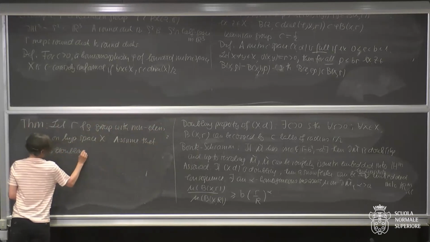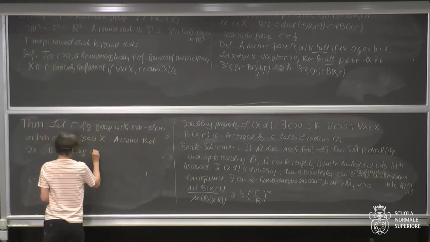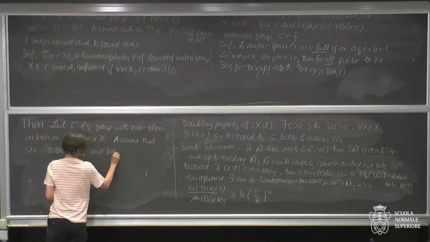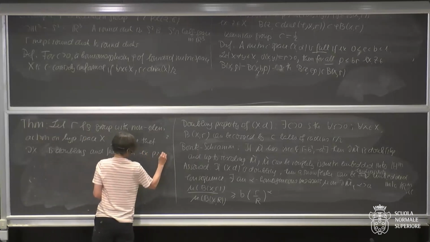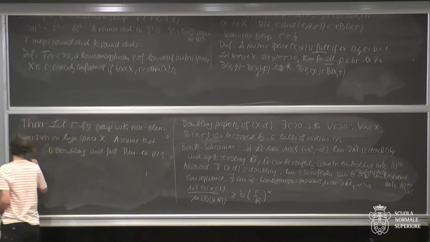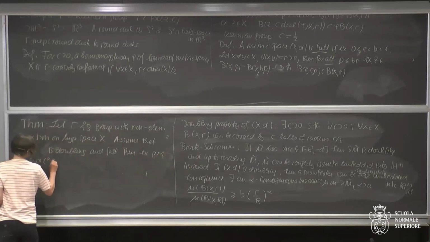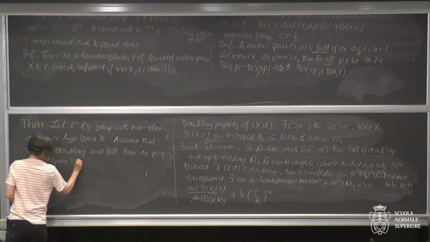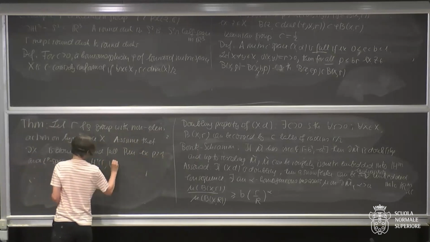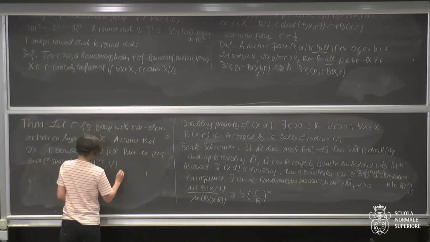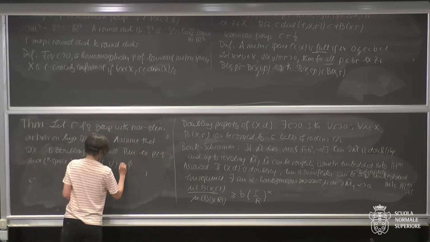Since I didn't talk about Assouad dimension, it is doubling and full. Then there exists a p bigger than 1 and an Lp space V such that the reduced cohomology of gamma with coefficients in V is non-trivial.